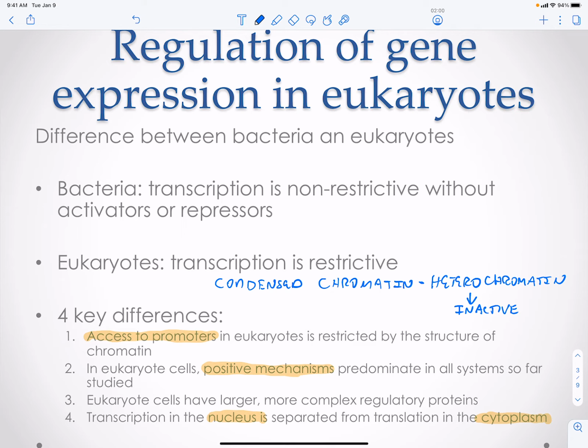Chromatin is wound so tightly that you cannot get access to the regions within the heterochromatin. And so condensed DNA is strongly going to suppress or repress transcription. And less condensed chromatin is euchromatin.